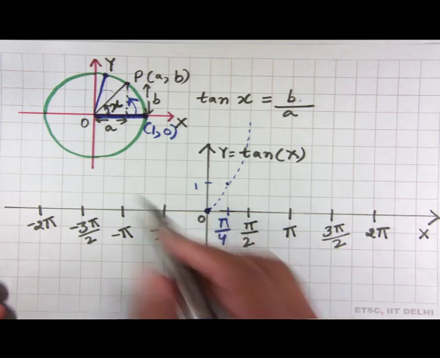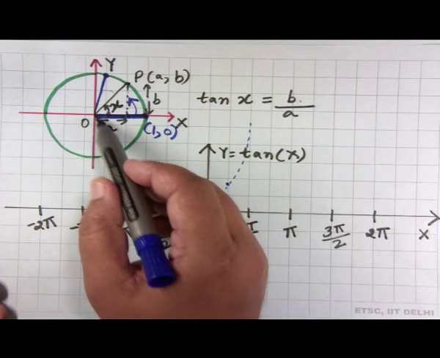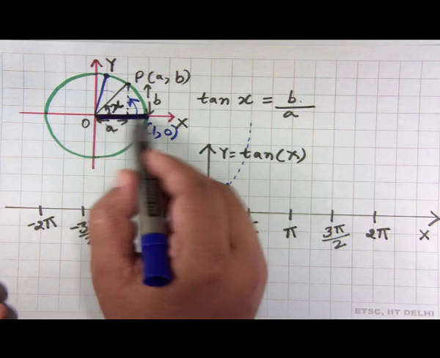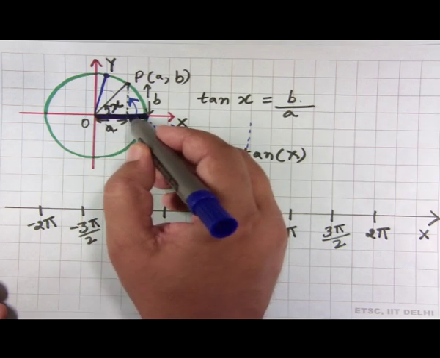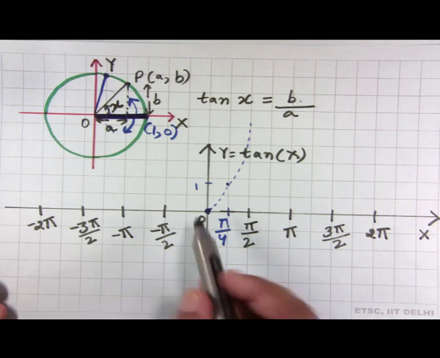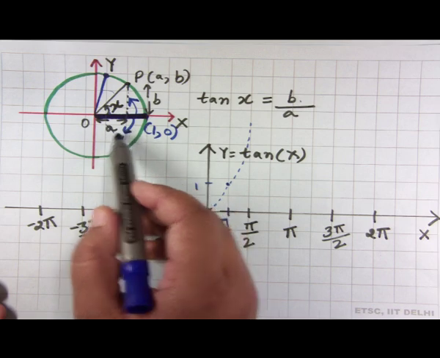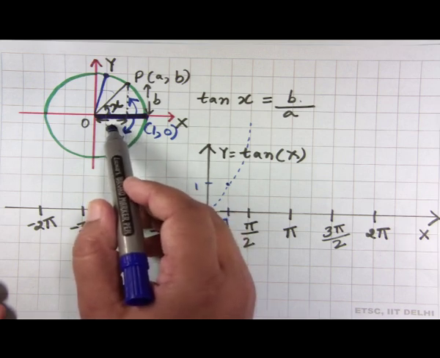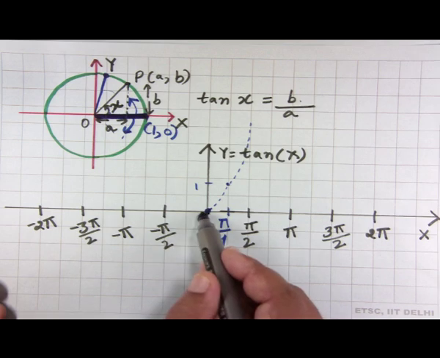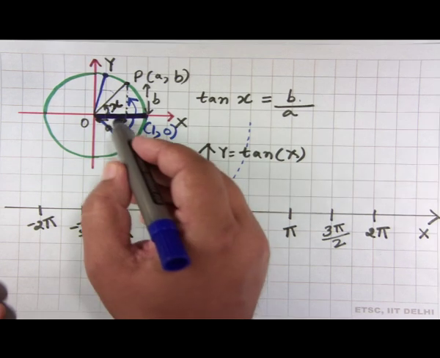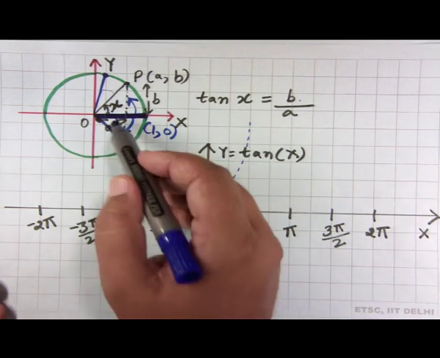And similarly, we can draw the same thing for the negative side. If you start from here and go in the clockwise direction, as we know, going in the clockwise direction gives you negative values of the rotation angle. For example, when we are here, this angle is, let us say, minus 45.